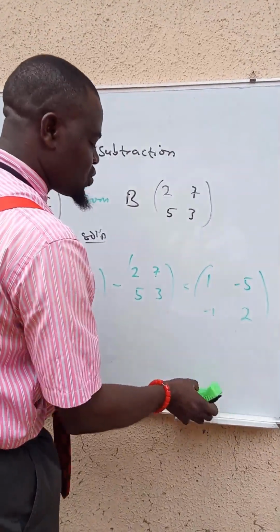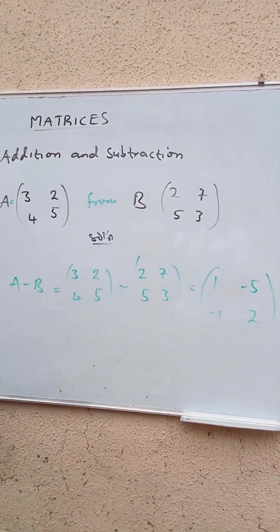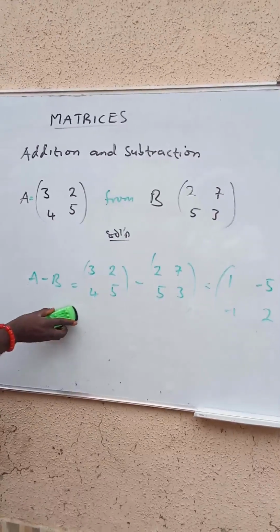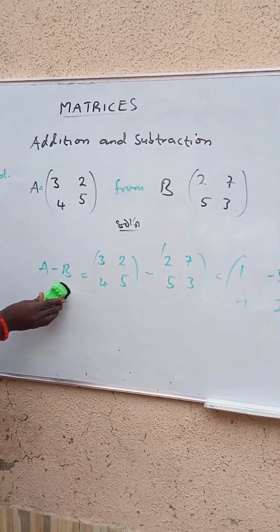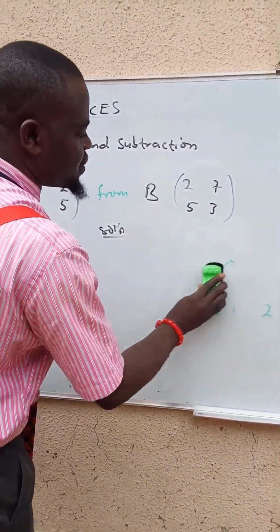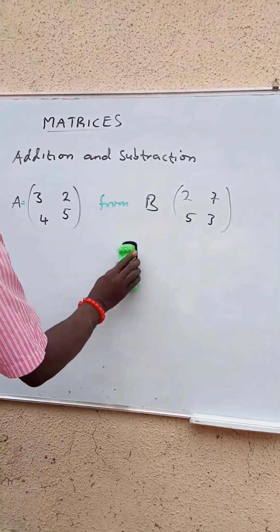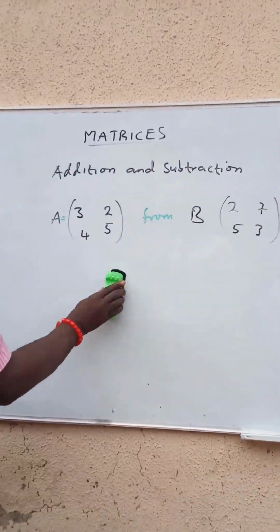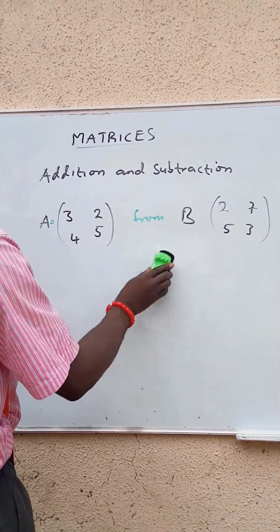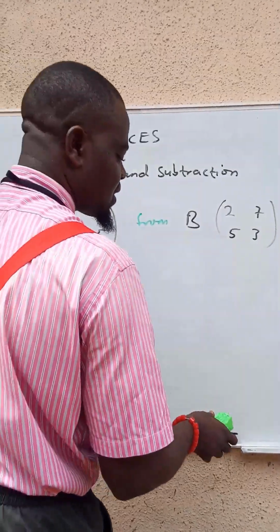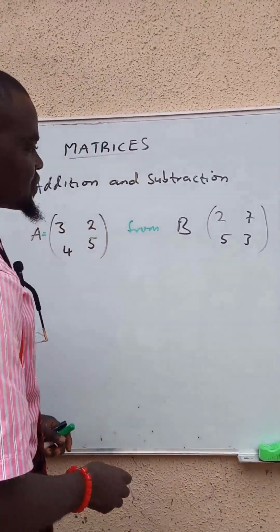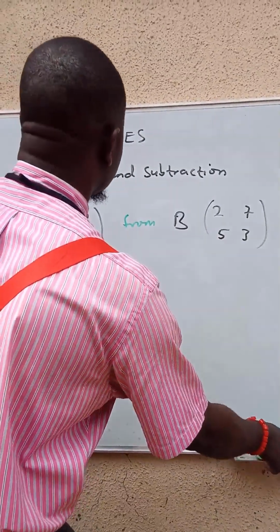Now let me show you another thing here. Under this subtraction, that's what you are supposed to know. We'll still use these two as an example. We can use 3 by 3, we can use any one, for example.